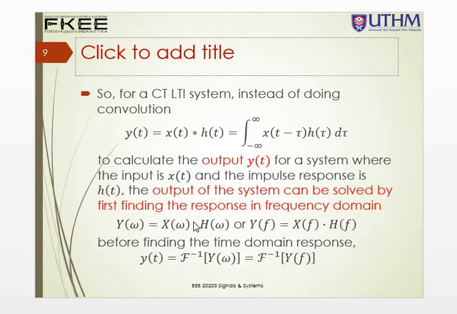Then you transform from the frequency domain back to the time domain. So after you get this in the frequency domain, omega, you can transform to the time domain by using the inverse Fourier transform.